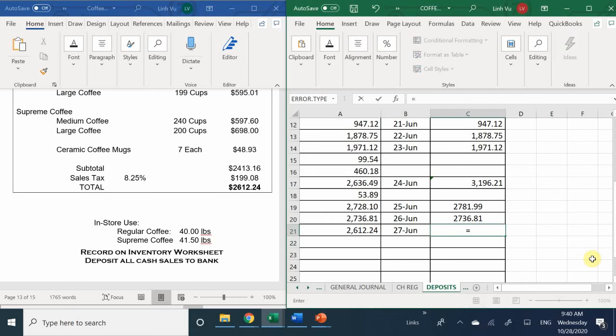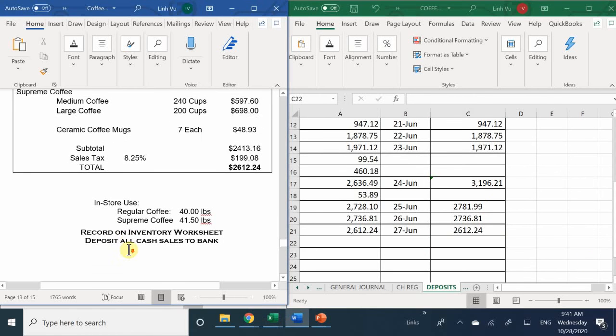So you're going to deposit that whole amount.